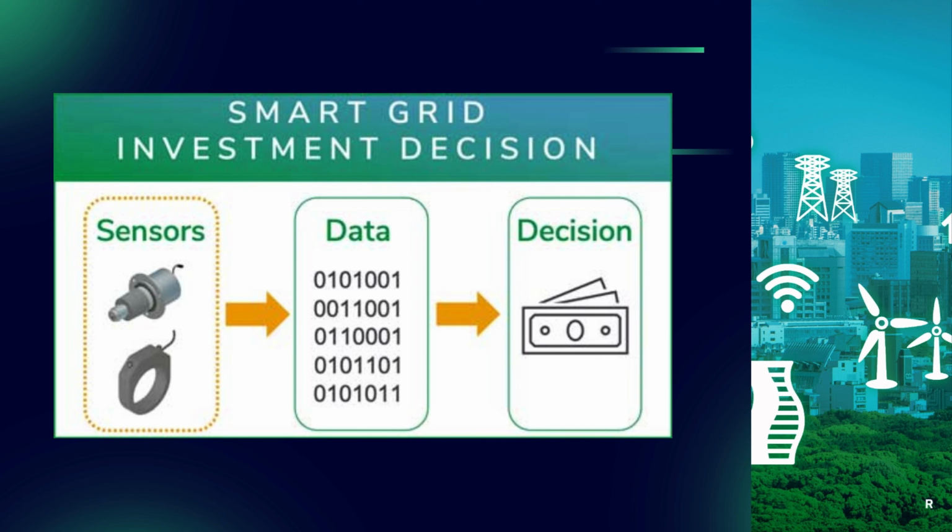Sensors will use data and the decision, because money is very important here, especially for us consumers, where electricity is very, very expensive.